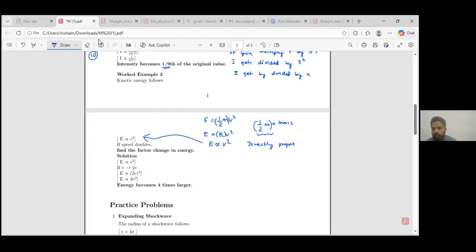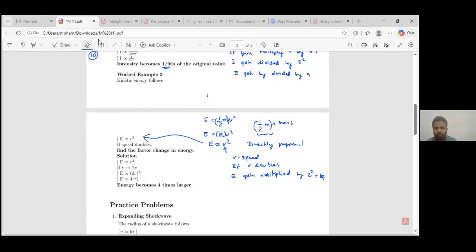So now you can easily say, if v is the speed and v doubles, E gets multiplied by the square of 2, which is 4, right?